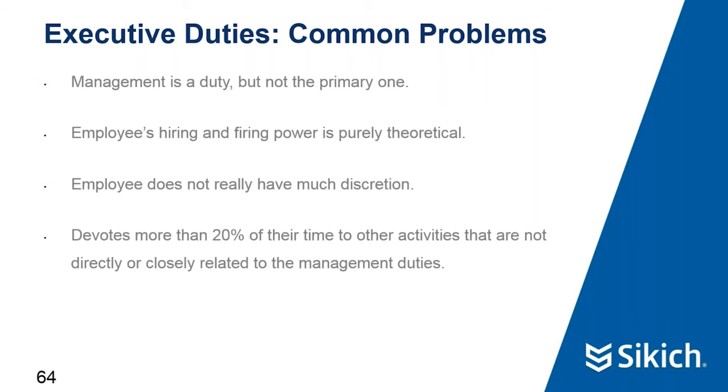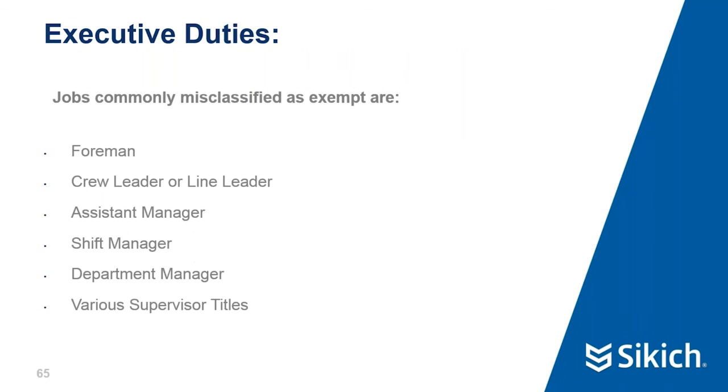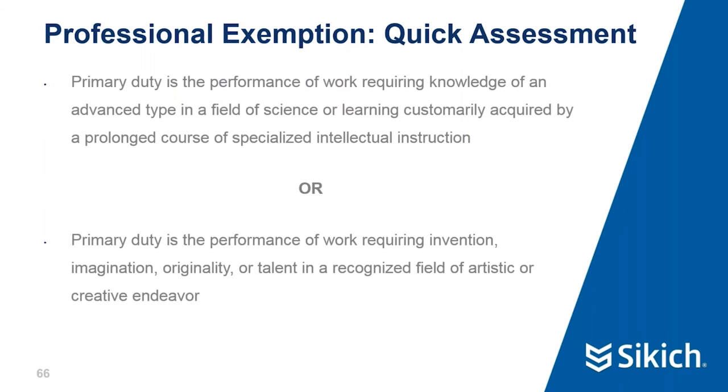The employee does not have much discretion, and they devote more than 20% of their time to other activities that are not directly related to the management duties. Okay? So some commonly misclassified positions as exempt are foremen, crew leaders or line leaders, assistant managers, shift managers, department managers, or various other supervisor titles.